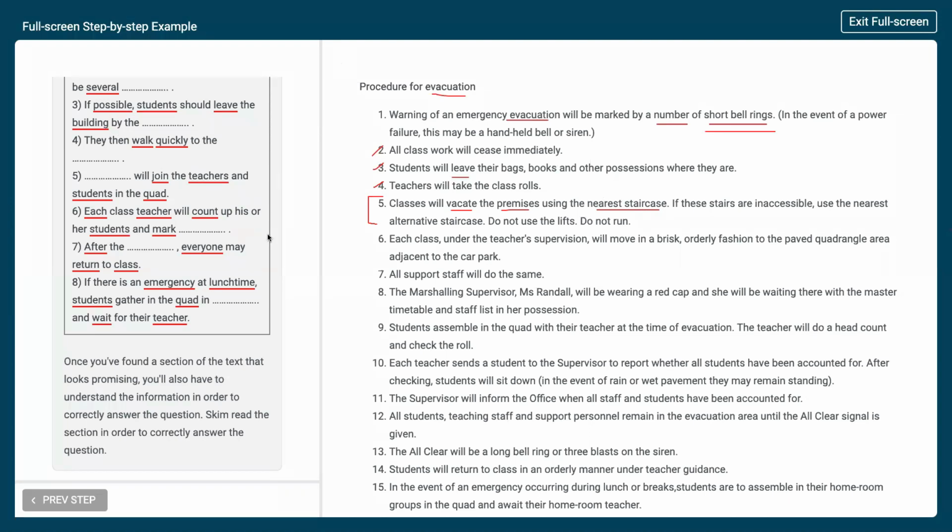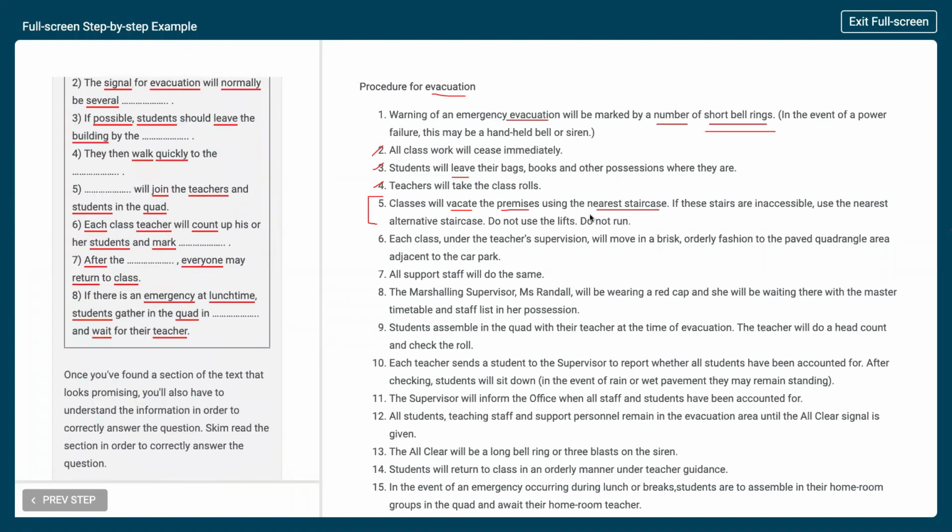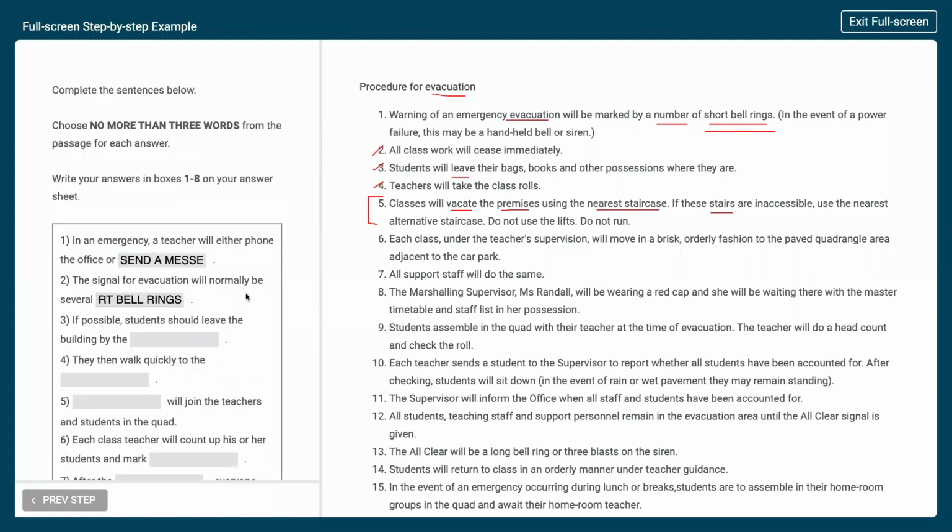Now I will talk about this in the end, but just keep in mind that we see nearest staircase here, but then in the next sentence we see stairs, okay? And so just because both of these words, staircase and stairs, are used, you could technically write stairs, so nearest stairs as well, or you could write nearest staircase. Just because the exam gives you these two options, both are technically fair game for the answers.